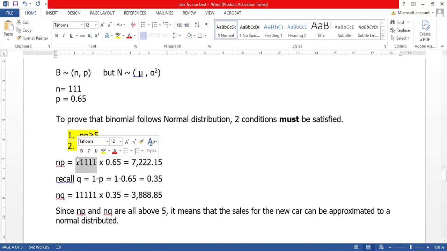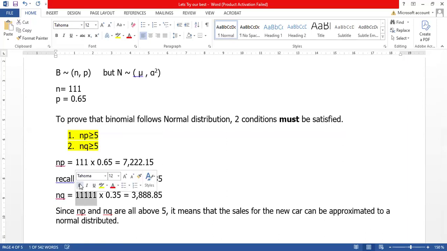Then here 111. Then put here 1. Sorry. So if you multiply 111 times 0.65, you get 72.15. Then here, what do you get? 111 times 0.35 is 38.85.